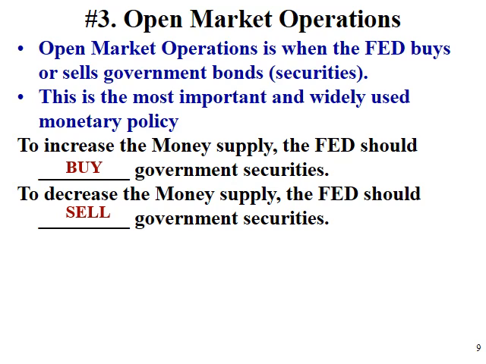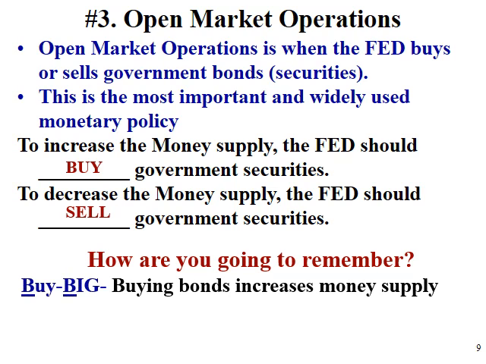Same is true if we want to decrease the money supply. The Fed should sell bonds. By selling bonds, the consumers would have to hand over cash in exchange for the bonds. The bonds still have the value of that cash plus whatever interest is paid. But what the Federal Reserve has done is change that money that you use to pay for those bonds from M1 to M2, therefore taking it out of the money supply.